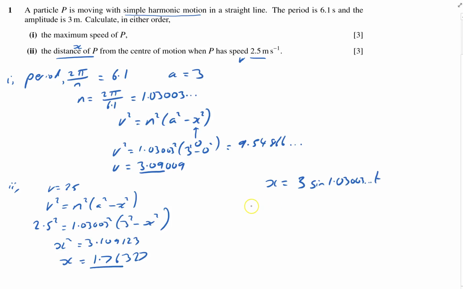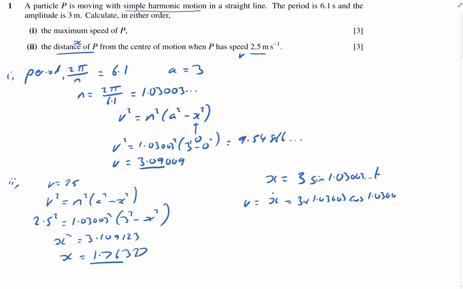We could differentiate that to get v, which equals x dot, which equals 3 times 1.03003 cos 1.03003 t, and then you could put in v as 2.5, and that means we could find t, and then you could put t into there, and then you'll work out what x is. But I tell you what, the NAX formula way is quicker, and that's one done.